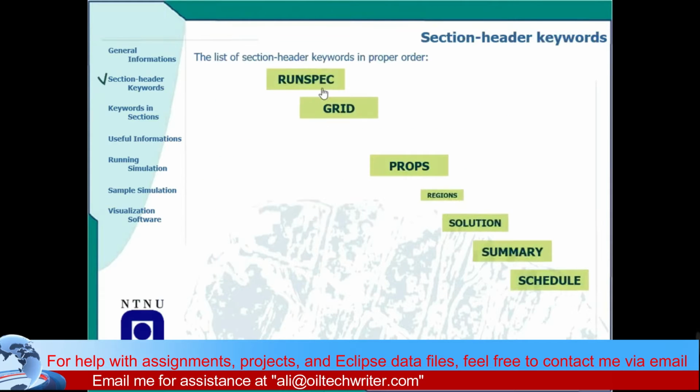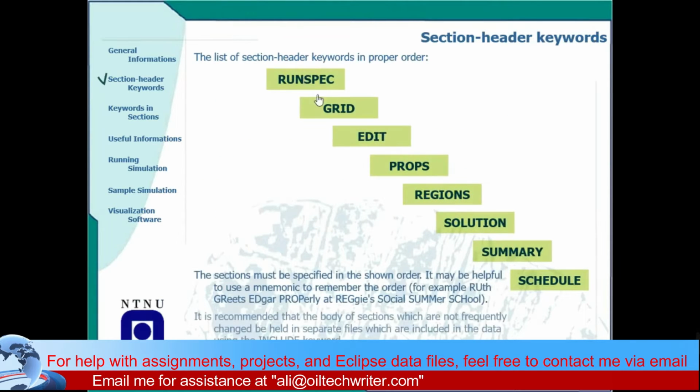Here they are: we have a Runspec section, a grid section, edit section, props section, region, solution, summary, and so on, up to eight sections. And they must be specified in order. Runspec from the top cannot go to the bottom, and schedule from the bottom cannot go to the top. So they have to be in order, and we have to remember them and their functions.